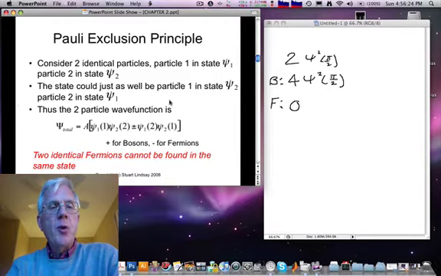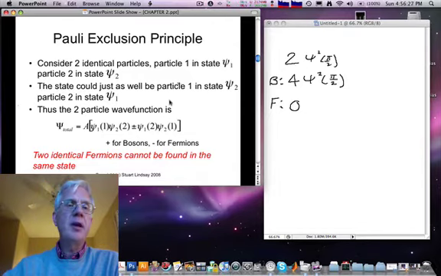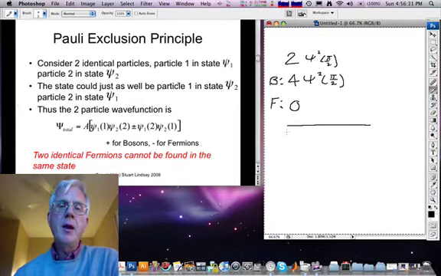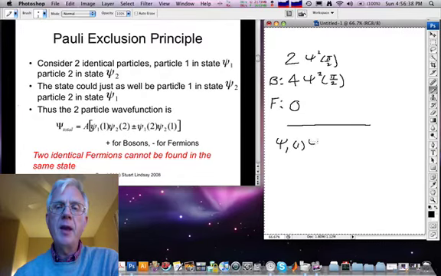Let's look at this another way. In general, if we have a state psi1, which could be occupied by particle 1, and a state psi2 that could be occupied by particle 2, then in quantum mechanics, if the particles are indistinguishable, we cannot tell that apart from a state psi1 occupied by particle 2 and a state psi2 occupied by particle 1.